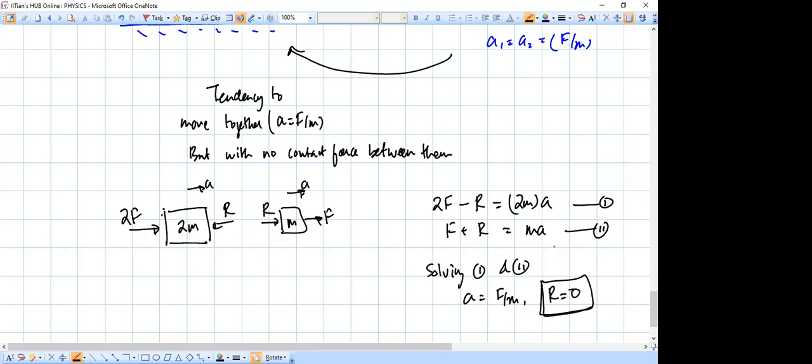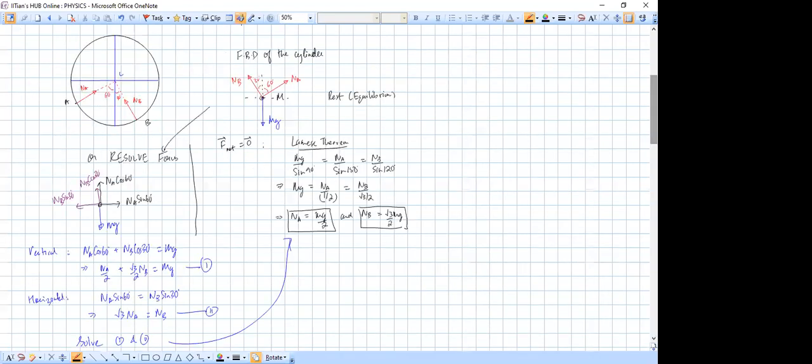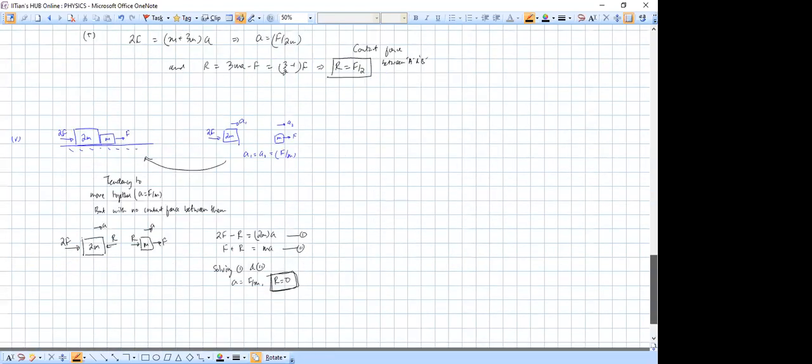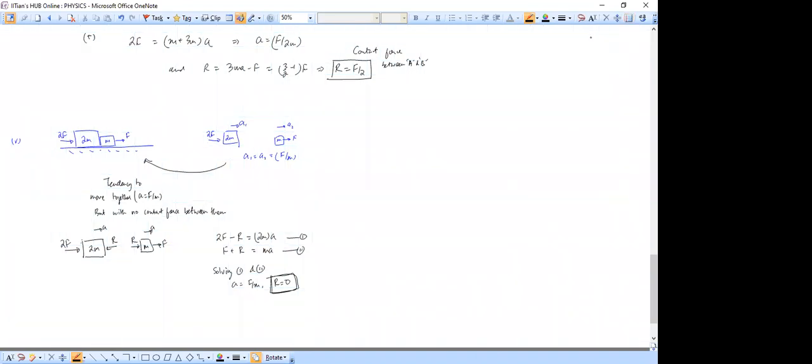So this is the case where there is no contact force between the blocks. Okay, so this was the fifth part of question number 1. And similarly, the other parts you can handle. Now let's move on to the fourth question after this.